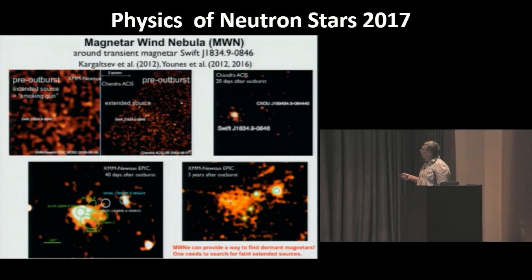And moreover, it's persistent in the sense that in the very old Chandra observation from 2006, the flux of the nebula is about the same as in this recent XMM observation. So it can persist for very long, and therefore it's a way to find transient or dormant magnetars, perhaps. So finding those faint extended objects in existing Chandra data is important.